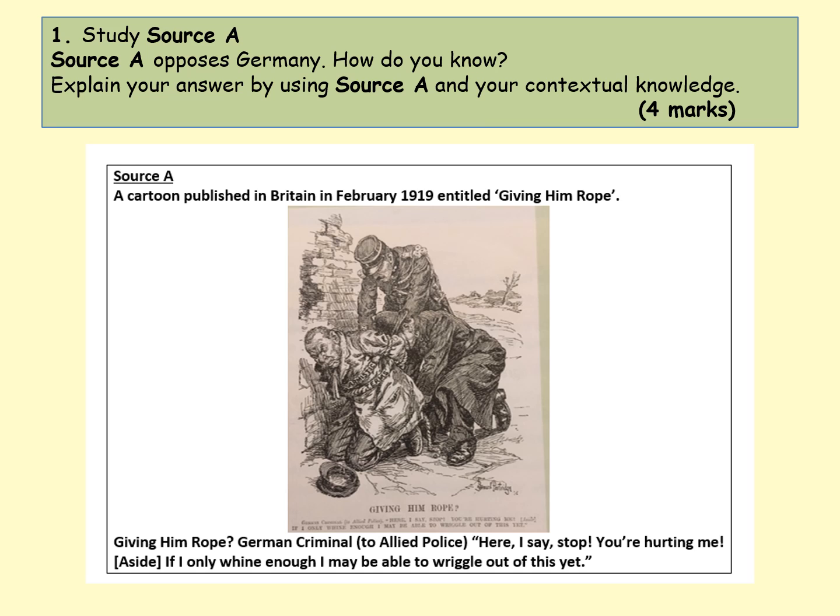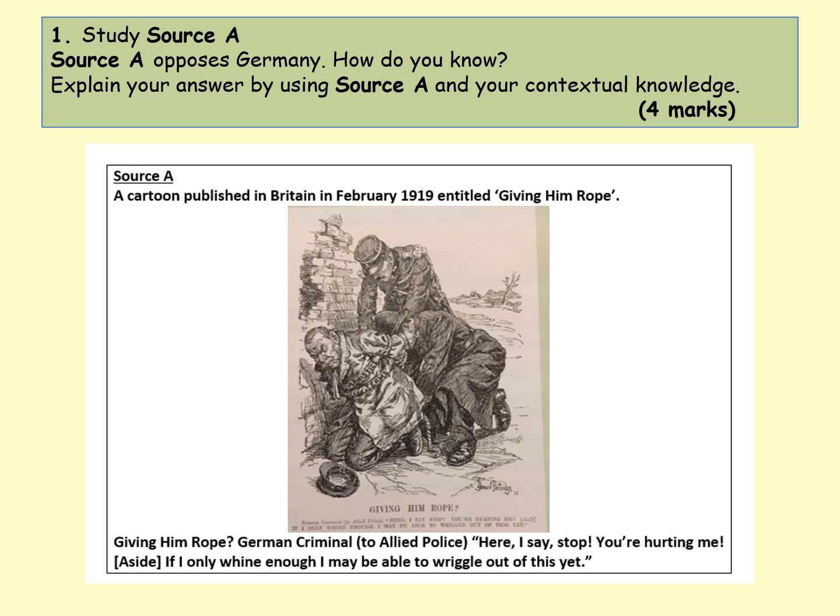So what the source is basically saying is that Germany can't be trusted, that Germany is pretending to be crippled and restrained by the Treaty of Versailles. But in actual fact, it is just trying to get out of having a punishment that it deserves. So it opposes Germany. And you can see by the look on Germany's face that it looks a little bit shifty, a little bit untrustworthy.